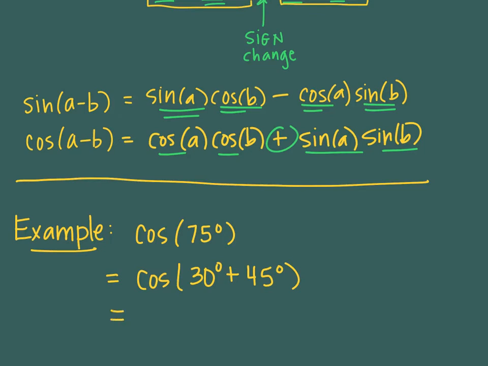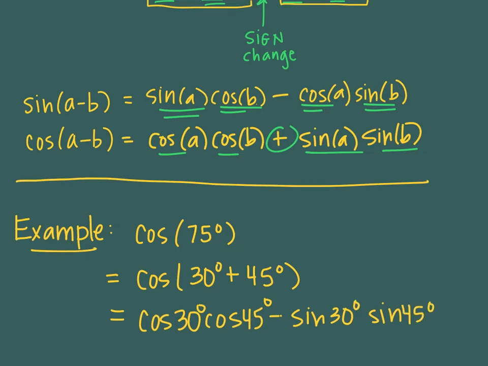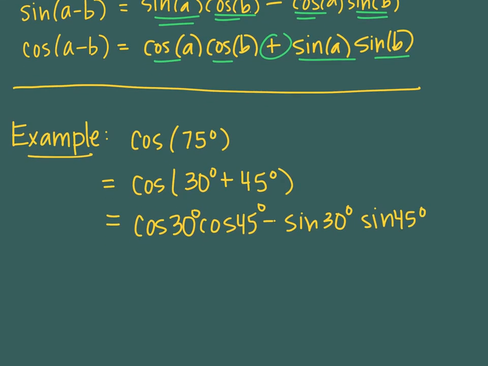Then you're going to use the formula. And the formula for cosine is cosine, cosine, sine, sine, with a sign change. Then you go and fill in the numbers. 30 degrees, 45 degrees. 30 degrees, 45 degrees. And then those four numbers, just like FOIL had four, these have four.